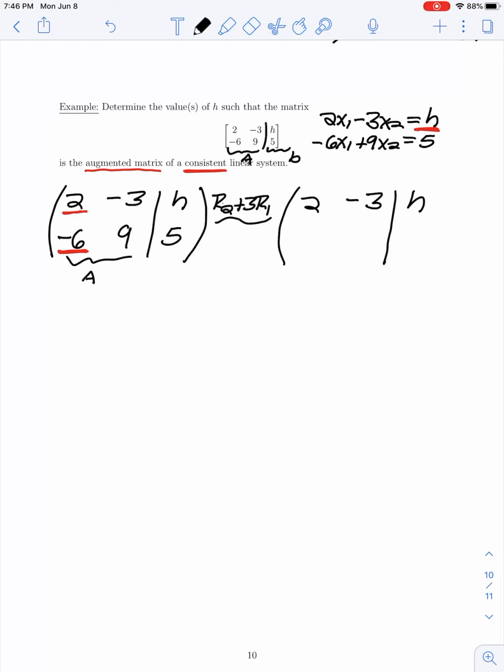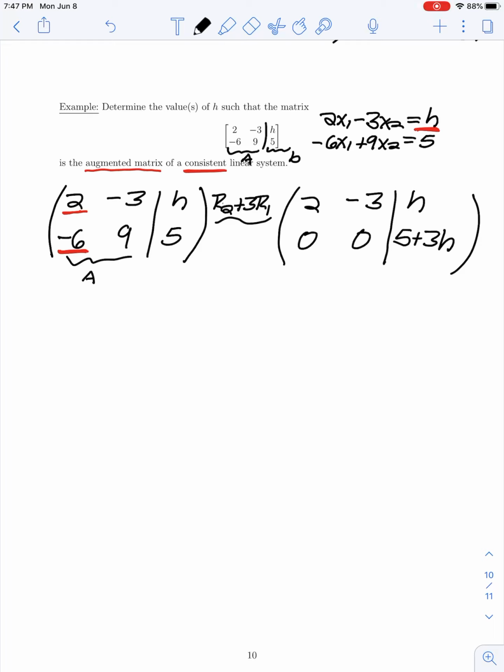And in our second row, we would have a positive 6 minus 6 is 0. A negative 9 plus 9 gives us 0. And performing this operation on the right-hand side, my second row, we had 5 plus 3 times h gives me 5 plus 3h. We don't know what h is yet.